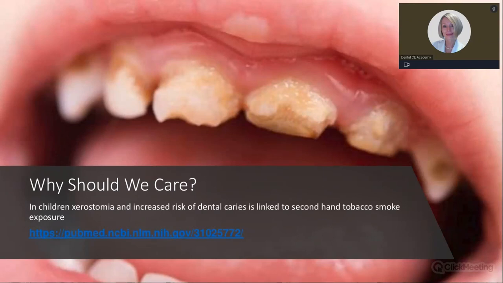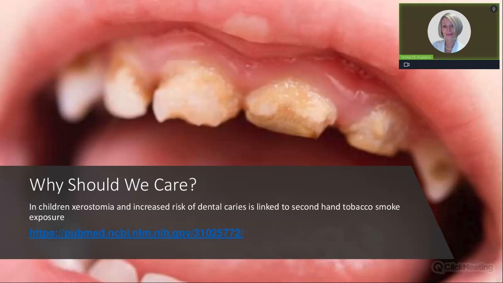Okay. In children, xerostomia, increased risk of dental caries linked to secondhand tobacco smoke exposure. And this is another citation for you. This was a study in Kobe City, Japan, where I believe they looked at 10 years of hospital notes for children up to age 4, I believe.